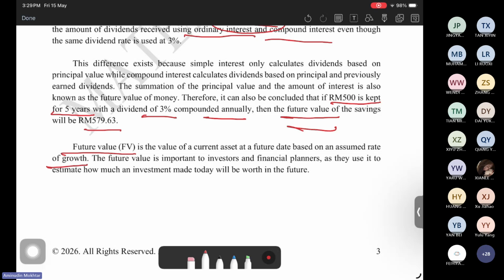We need to know what is the interest rate, the rate of growth, and then the future value is also important for investors and financial planners, as they use it to estimate how much an investment made today will be worth in the future. By using this concept, we can forecast our return, our amount of money based on the current principal and also the current return or dividend.